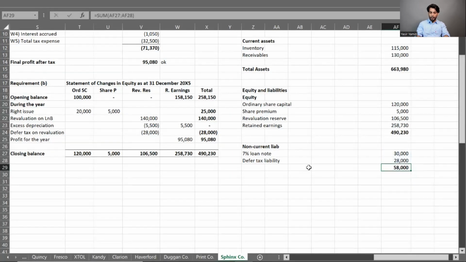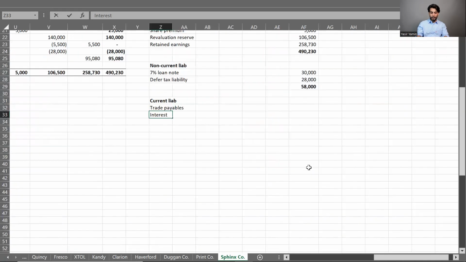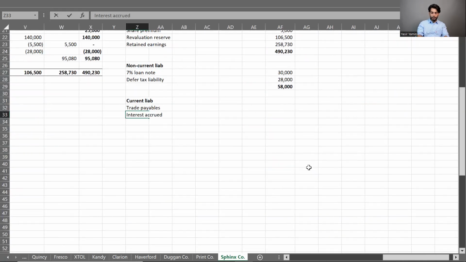Now we need to go on and discuss current liabilities. What do you have in your current liabilities? You have some trade payables. You have some interest accrued, I remember that. You have some current tax payable.